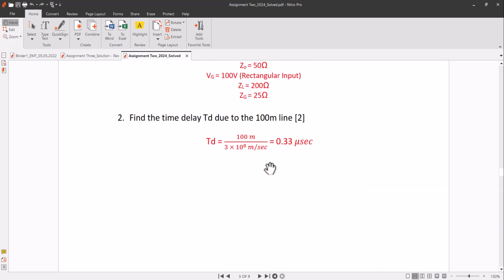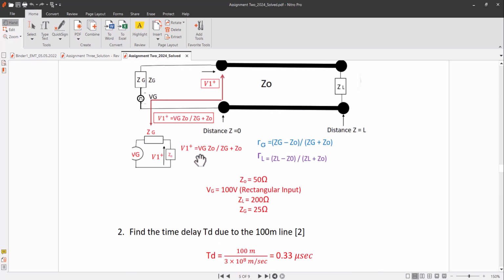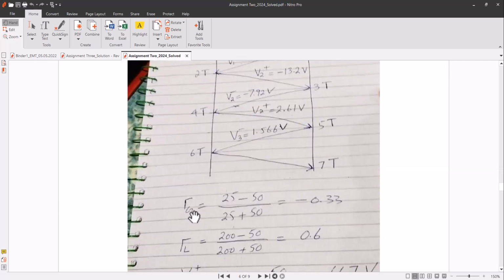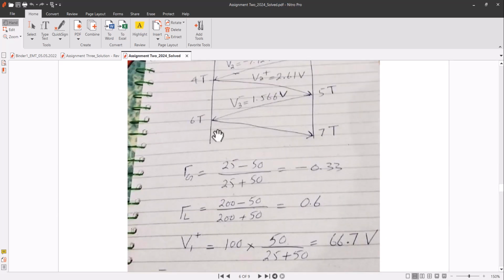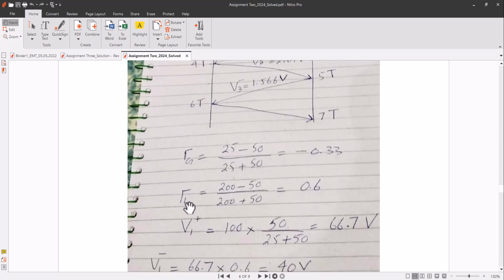How did we calculate this? We calculated it through this formula, V1 plus. Here you can see that the reflection coefficient at the generator side will be Zg minus Z0 over Zg plus Z0. That is 25 minus 50 over 25 plus 50, that is minus 0.33. And at the load side we have 200 minus Z0 over 200 plus Z0, and this is 0.6.